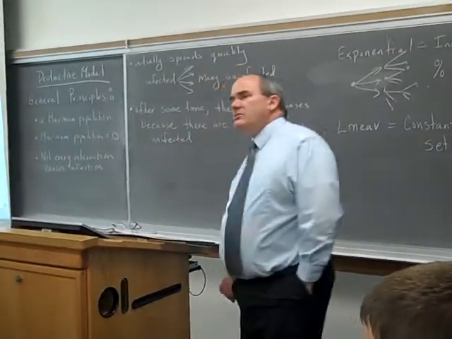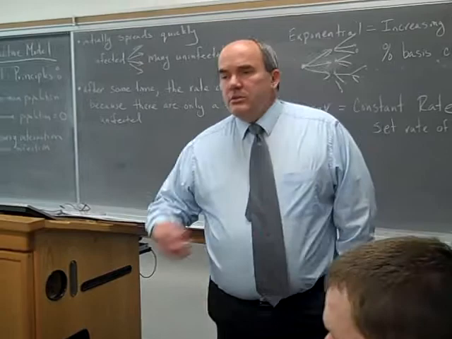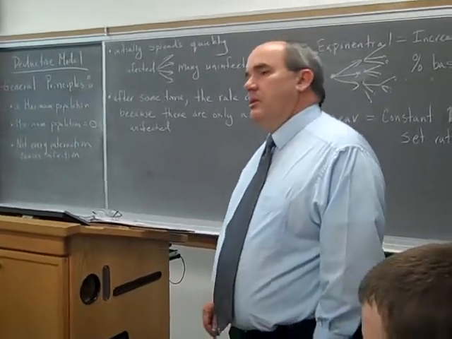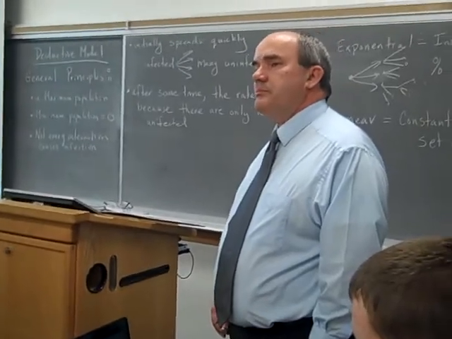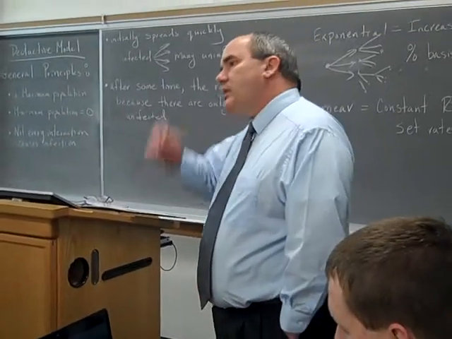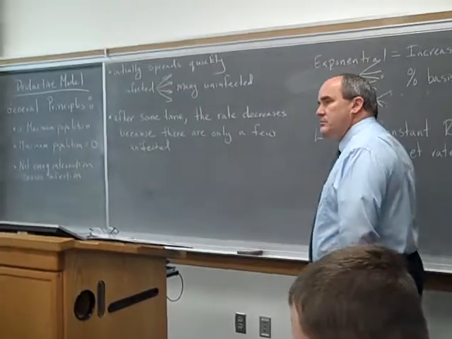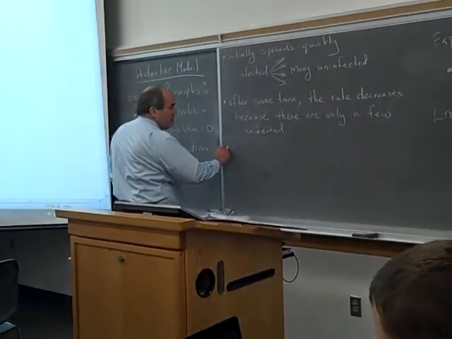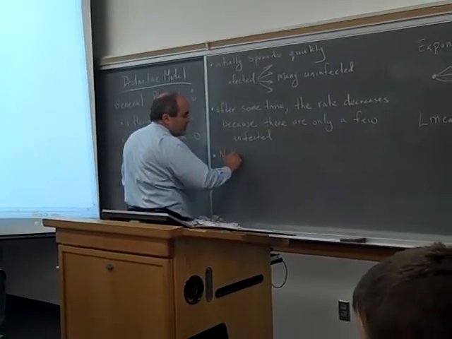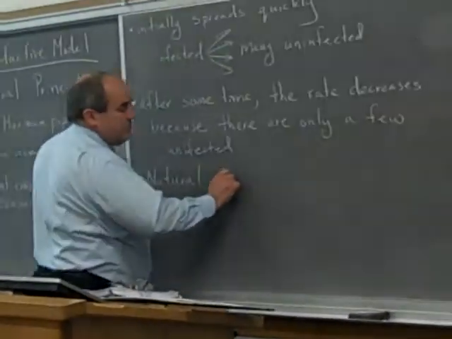Good. Anything else that you can think of that would describe how the flu spreads? Do you take into account people who are immune to it? That would be good. So there is a question of natural immunity.